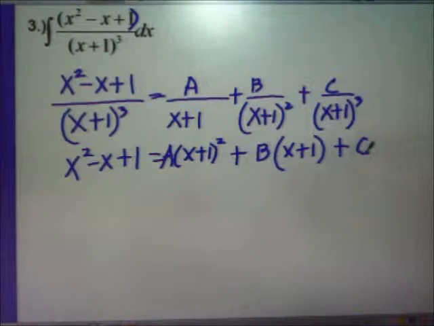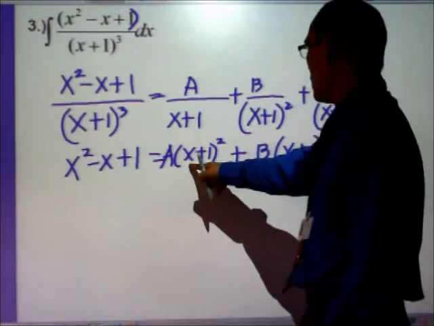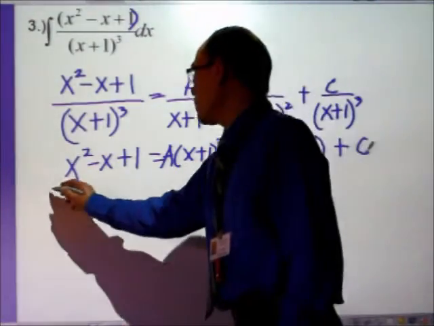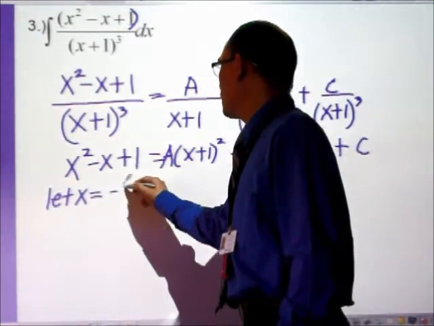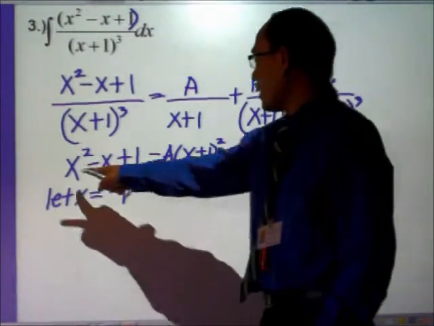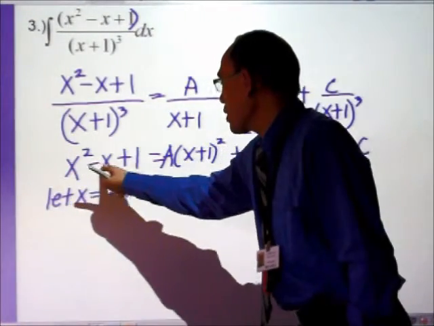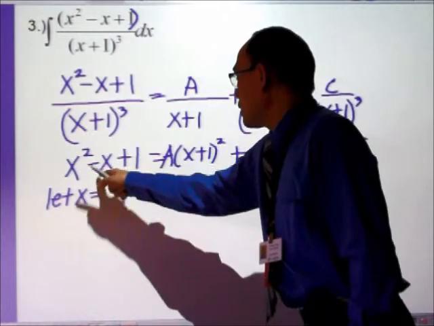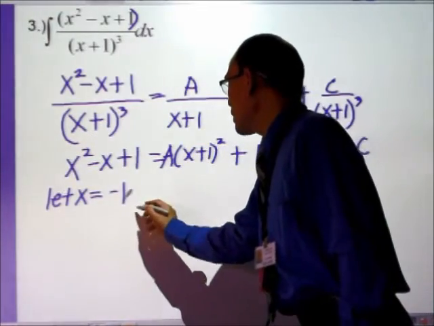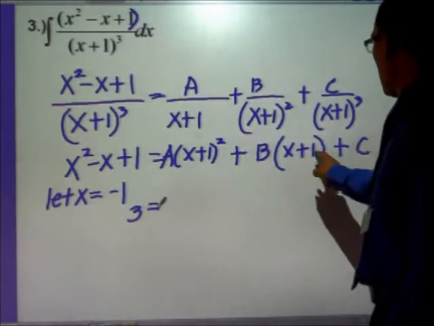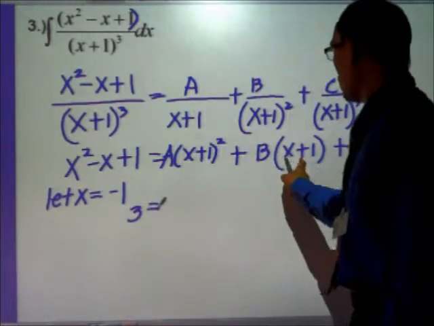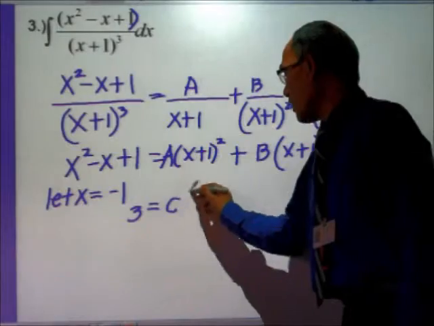Now, we can assign clever values again. We can let x be -1. So if x is -1, this is (-1) squared minus (-1) plus 1, that gives us 3 equals, this all becomes 0, and that is actually the value of c.